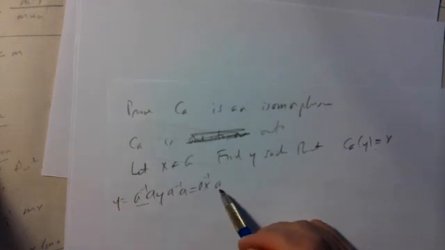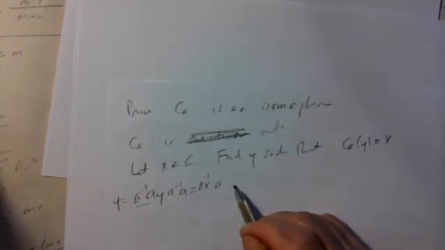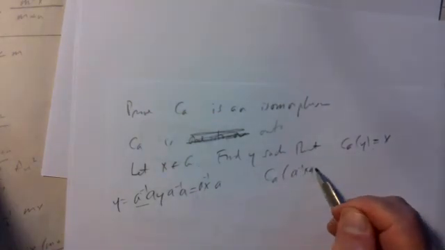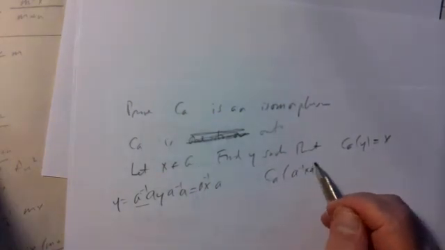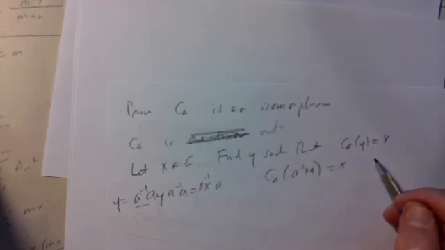So y is A inverse x A. So C sub A of A inverse x A is equal to x for all x in G. So therefore the function C sub A is onto.